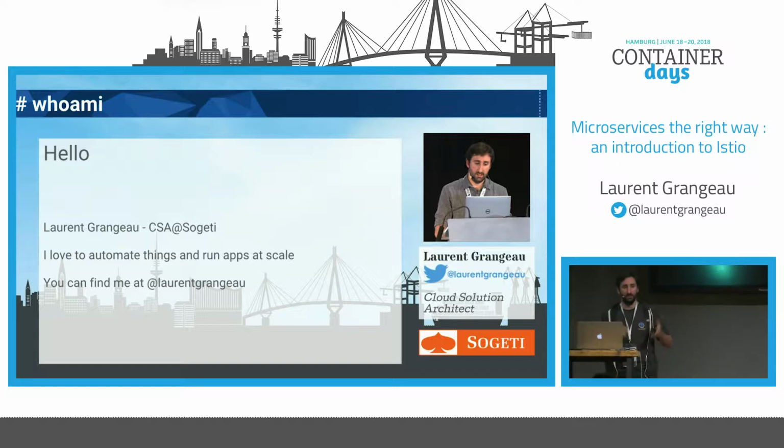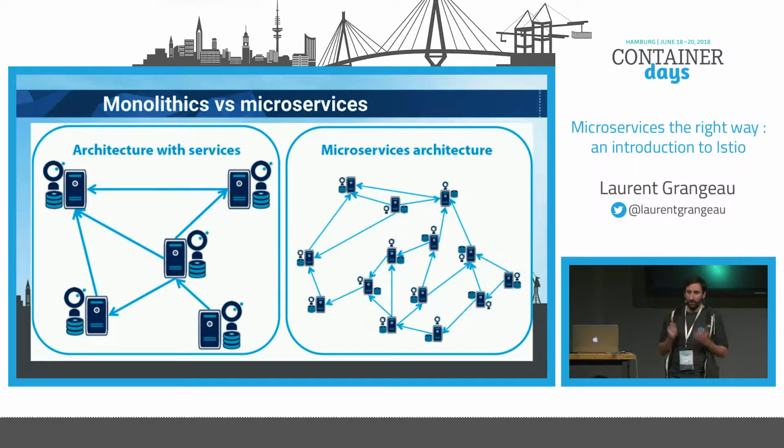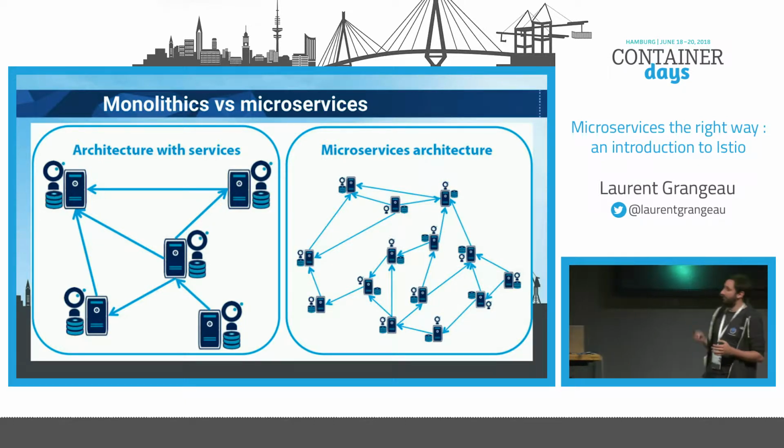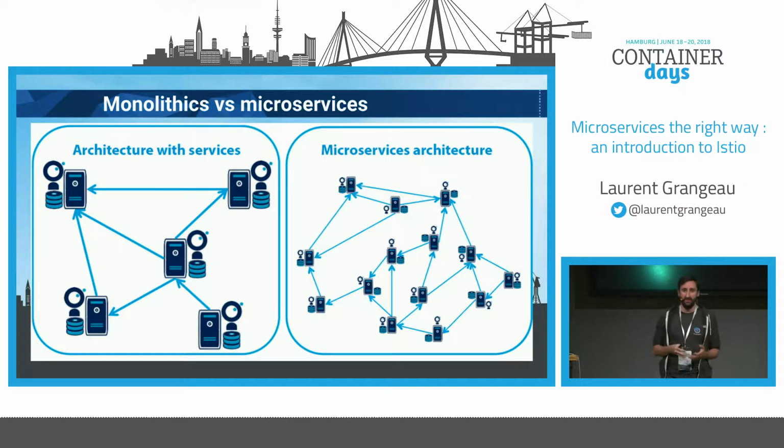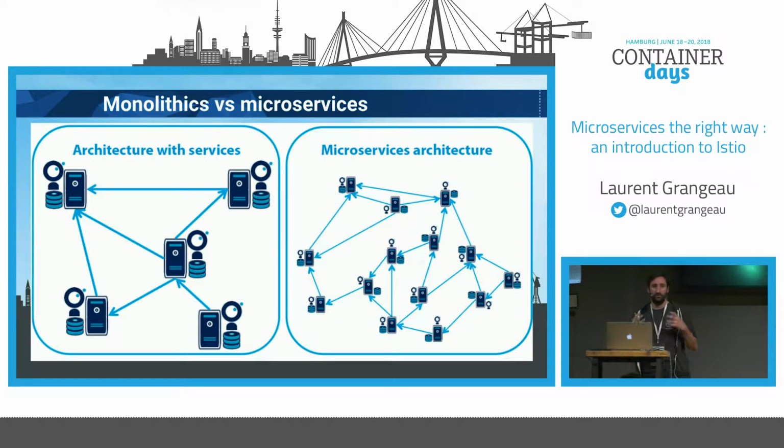This is a talk which is talking to me, because when you are talking about monolithic versus microservices, on the left is an architecture with big monoliths, which are not easy to deploy and can talk to themselves on defined routes.